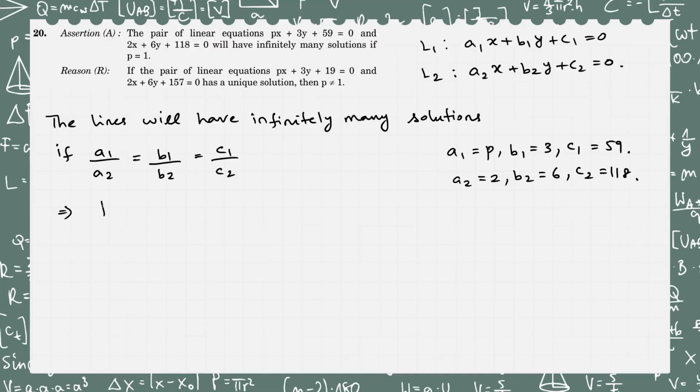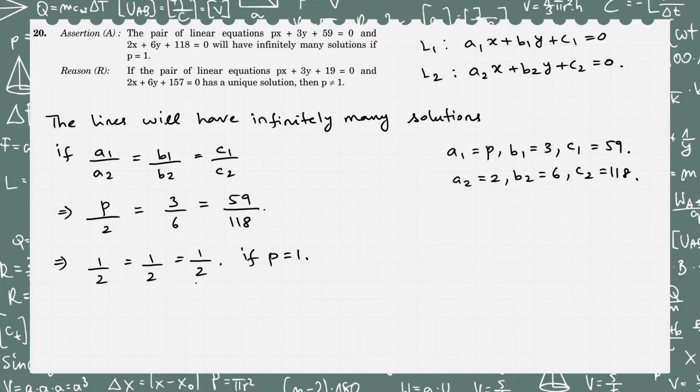That implies p by 2 equal to 3 by 6 equal to 59 divided by 118. This should always be true. If I take p equal to 1, let us see what happens. 1 by 2 equal to 3 by 6, which is also 1 by 2. 59 by 118 is also 1 by 2 only. So, if p equal to 1, all of these fractions will be equal to each other, which is perfectly correct.